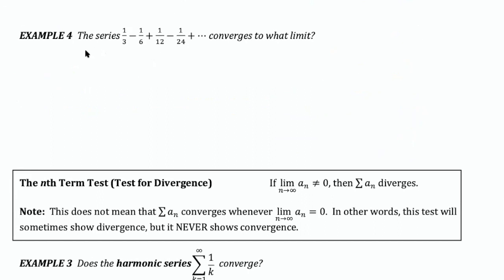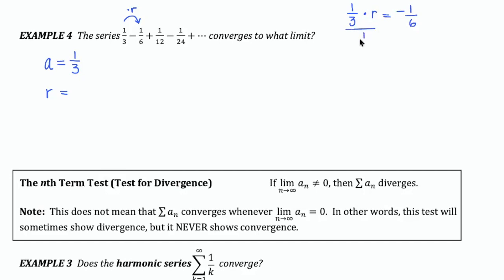Let's take a look at another series. We're going to take a look at this series here, and the first thing you're going to want to ask yourself is, is this a geometric series? If it is, we need to have A be the leading value, and then we need to figure out what we're multiplying by to get the next term. So in other words, I have 1/3 times some unknown value has to equal -1/6.